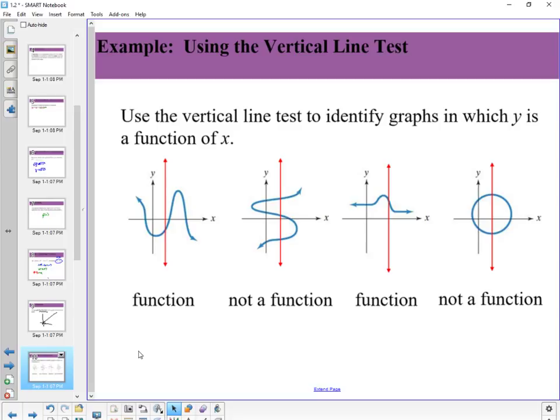Vertical line test is a visual of pretty much that one-to-one rule, the one x for every one y rule. So here it passes, no pass it, no pass it. Anything else I need to say on that? No. Okay, cool. And later on when you do the one-to-one functions, guess what other rule will come into play? The horizontal line test. Moving on.